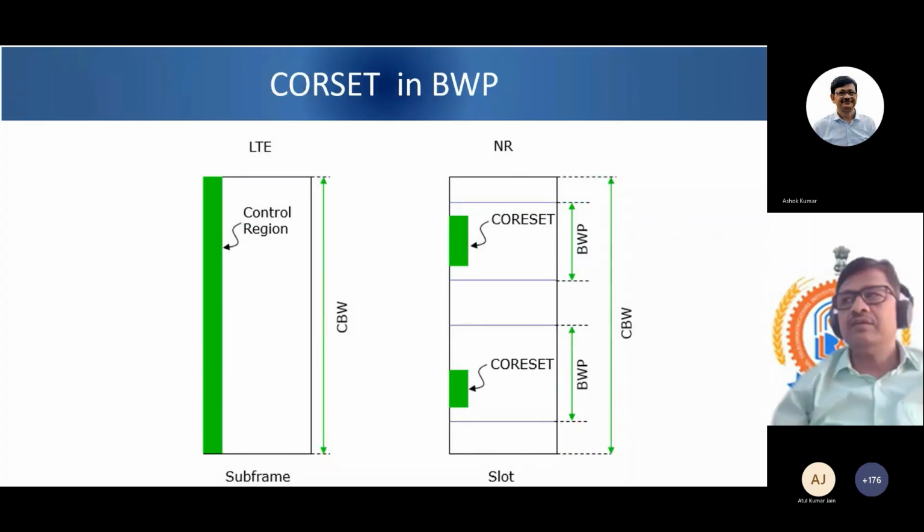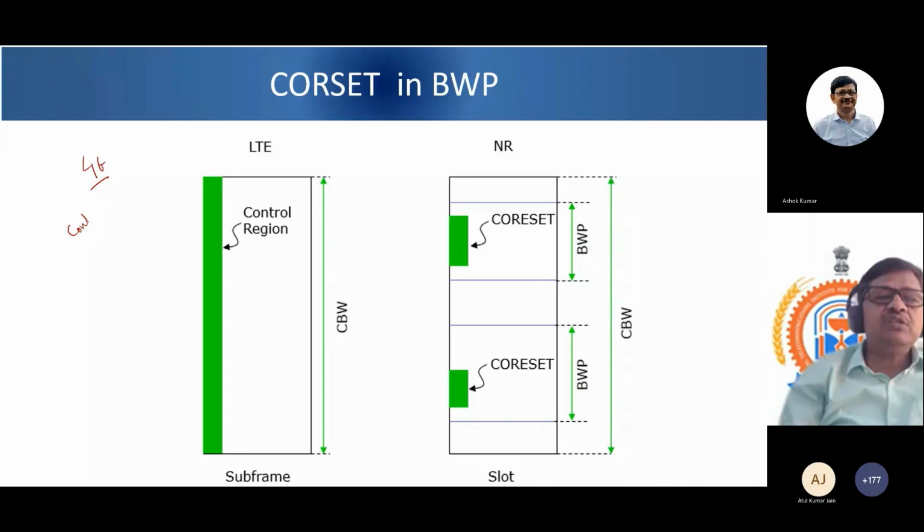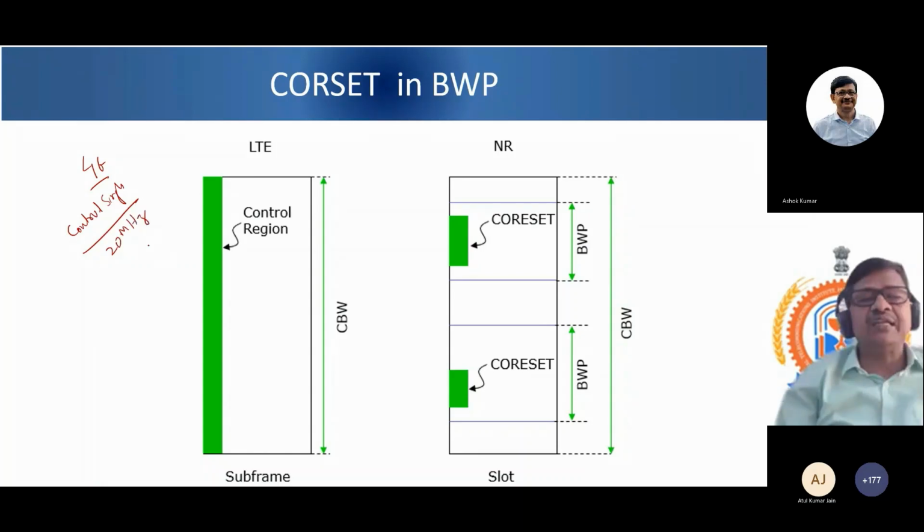And one of the most important aspects is that if you look at 4G, the control signaling is spread over the entire 20 megahertz. The control signaling is spread over the entire channel bandwidth.